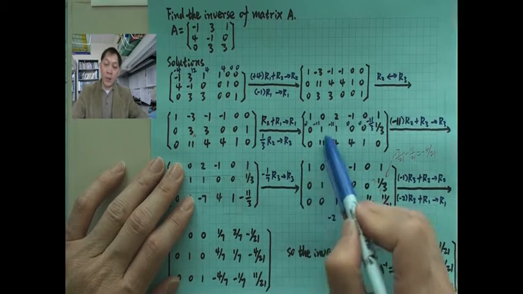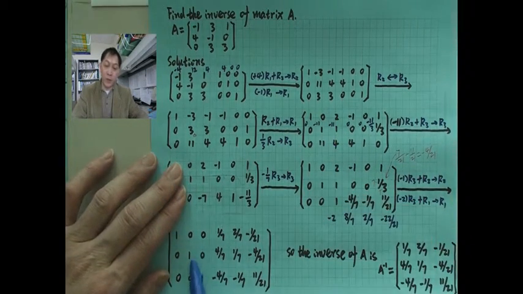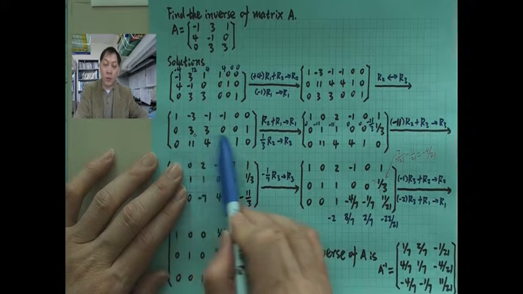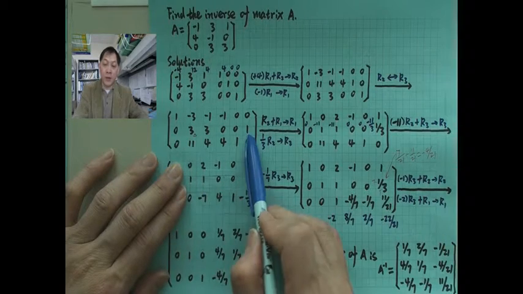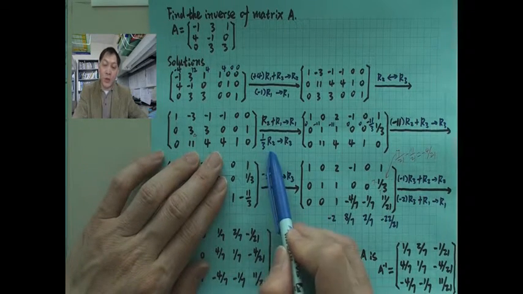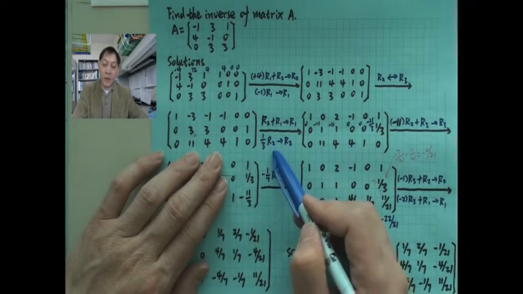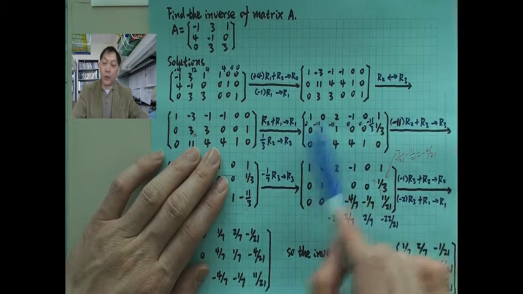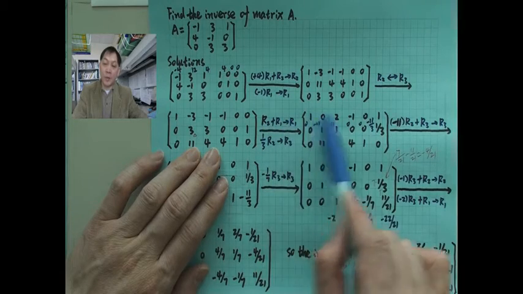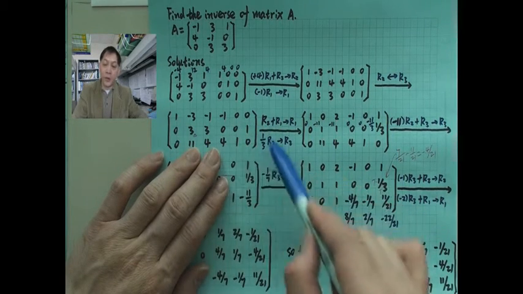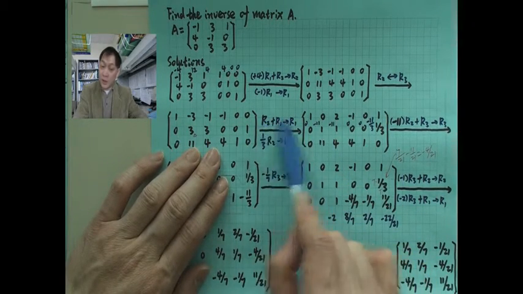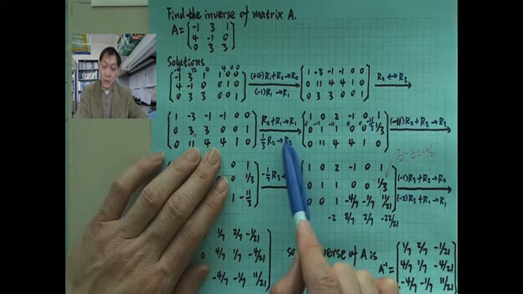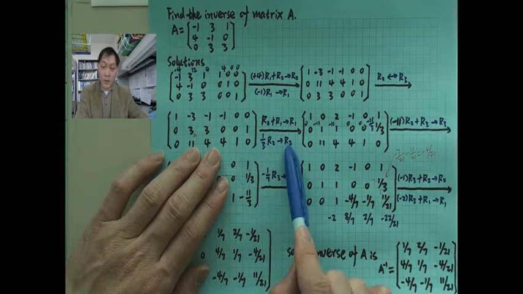And then I want to make this place be 1, because eventually we need 1 here. So, row 2 divided by 3. That's why I wrote here row 2 divided by 3. Okay, so we got new row 1 through this step, and new row 2 through this step. Again, check this step first, and then do that. Don't do this one first, then you get messy and confused.